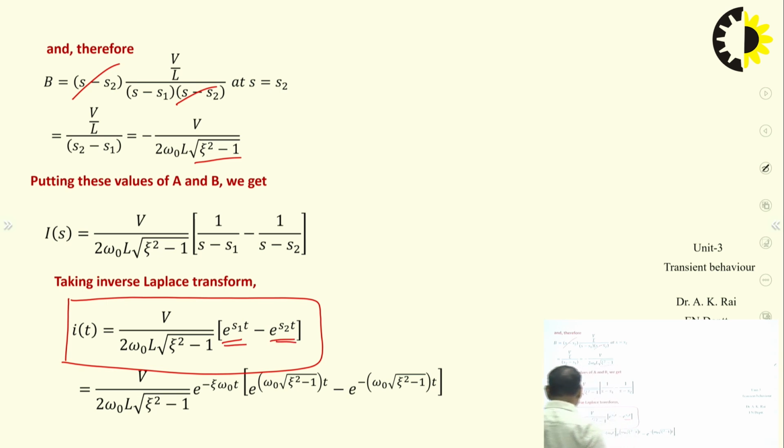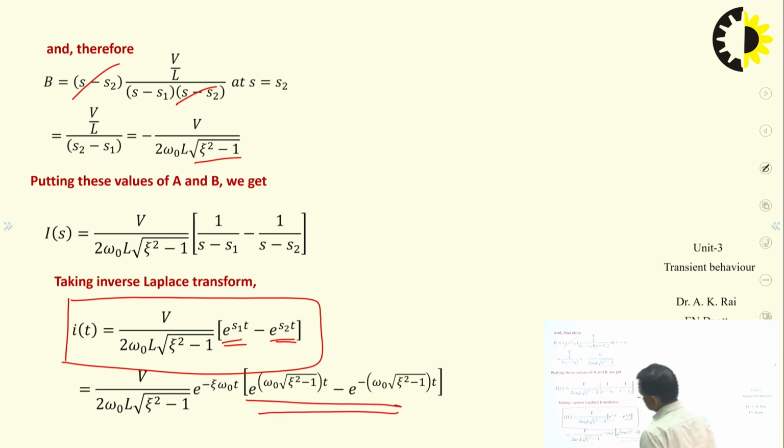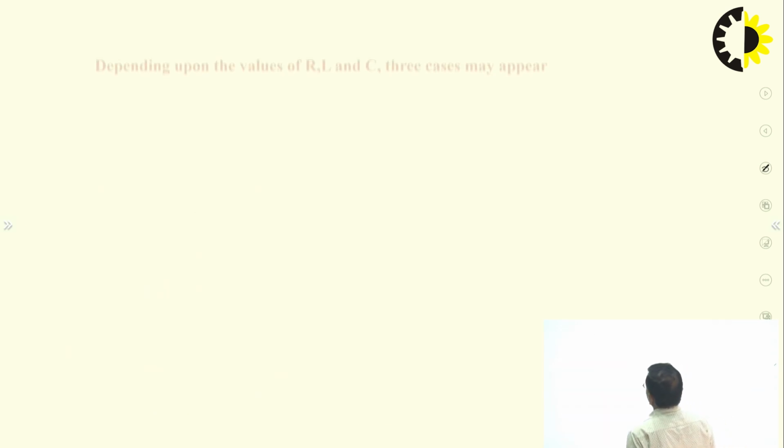So V upon twice omega 0 L root over zeta square minus 1, e to the power minus zeta omega 0 t. So this is the final expression for current in the time domain.